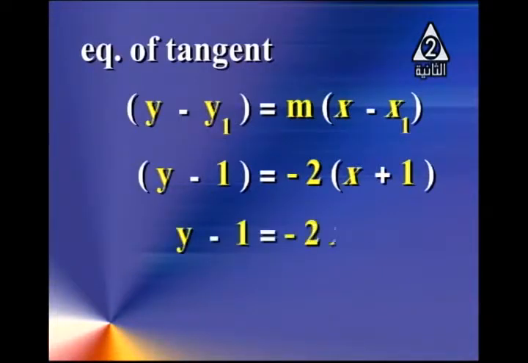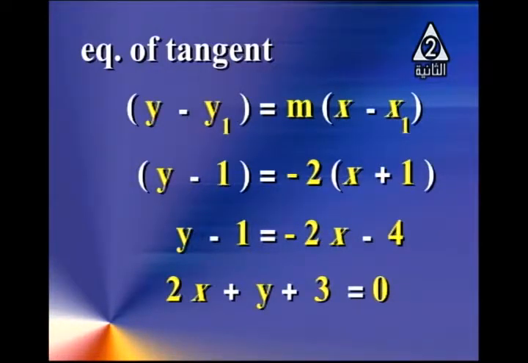By using the distribution method, we find y minus 1 equals -2x minus 2. Then the answer is 2x plus y plus 3 equals 0. This is the equation of the tangent.